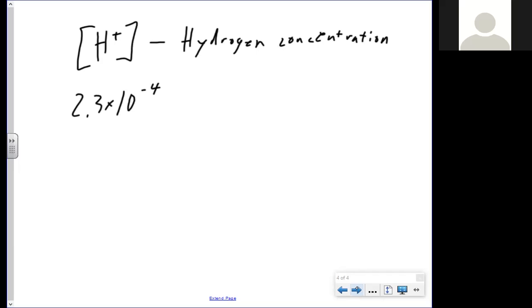I'm going to put your formulas over here so they stay there. The formula to go from hydrogen concentration to pH is the negative log of your hydrogen concentration gives you pH. Okay, so I'll write it over here so we know it. Everybody, I told you to grab a calculator, right? So let's check this out in the calculator.